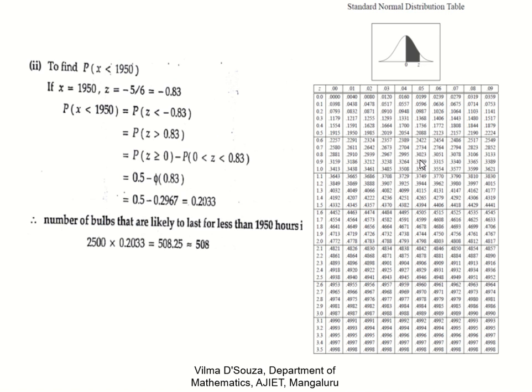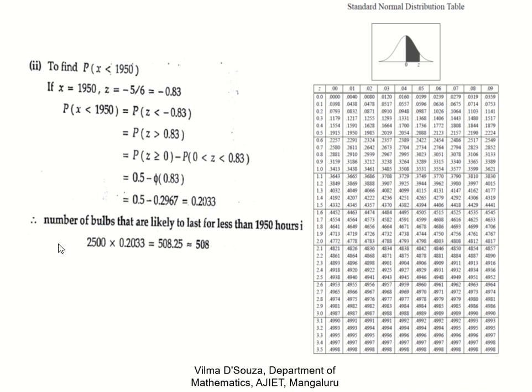Looking up 0.8, then 0.3, that is 0.2967. So 0.5 minus 0.2967, that is 0.2033.